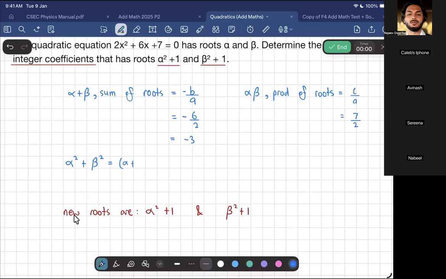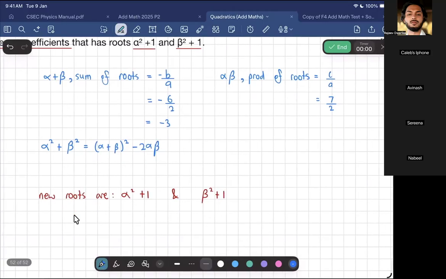Right? Alpha plus beta all squared, minus 2 alpha beta. Do I know what alpha plus beta squared is? And do I know what alpha beta is? Yes, sir.